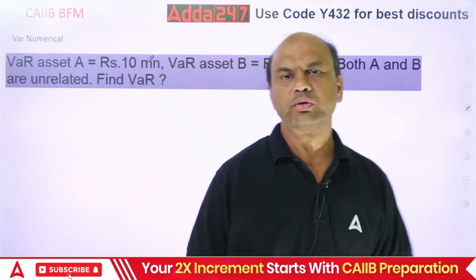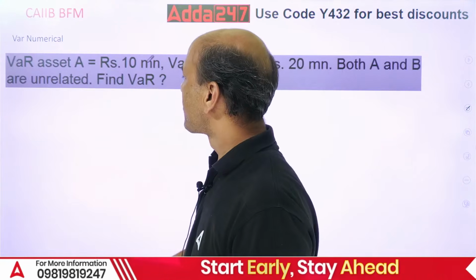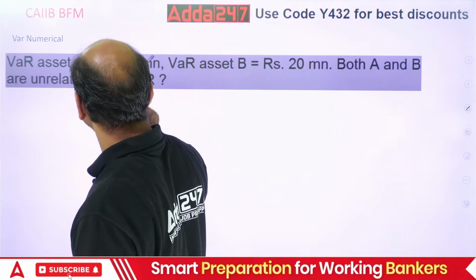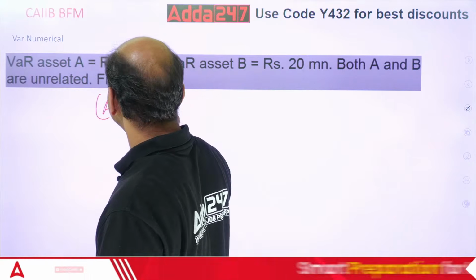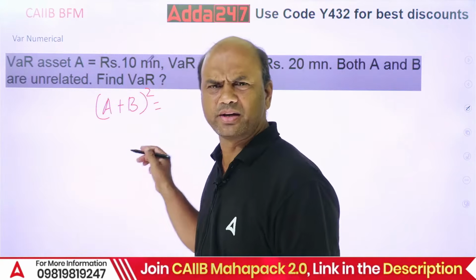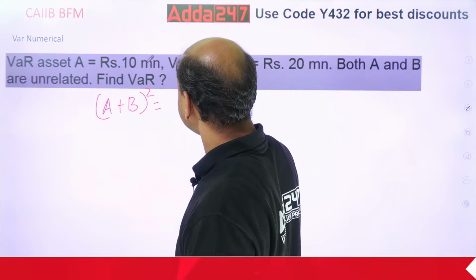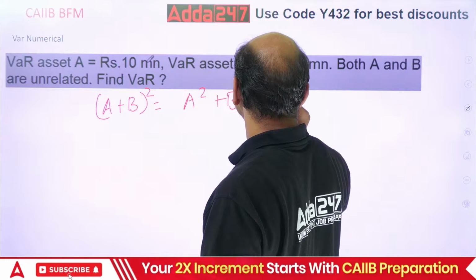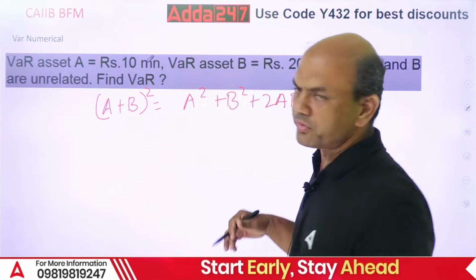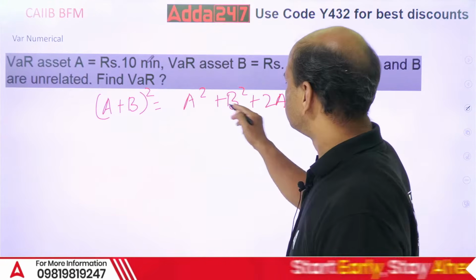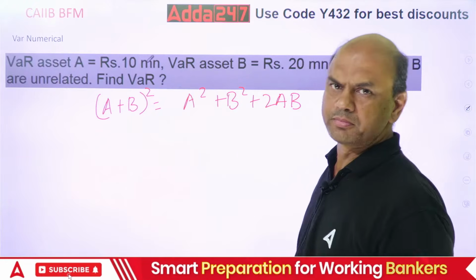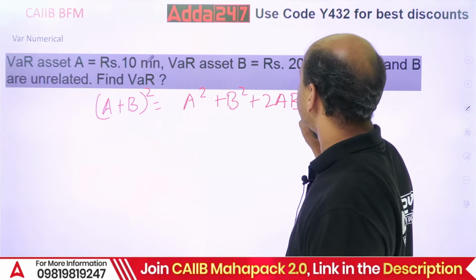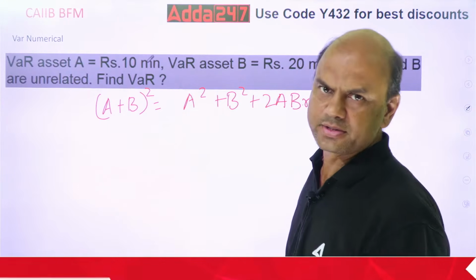You know this formula, anyone? A square plus B square plus 2AB, into their correlation coefficient R, that is also taken in our treasury.